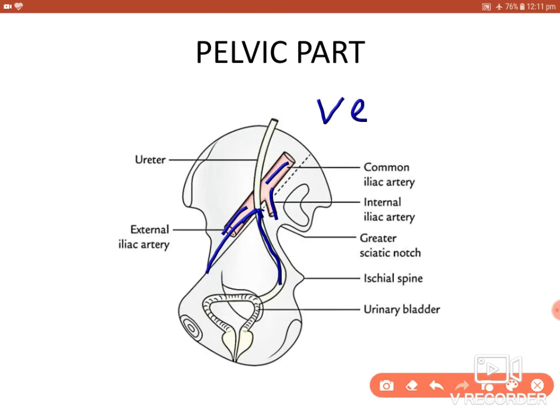From the ischial spine to the bladder wall forms the oblique part of the ureter. Then within the bladder wall is the intravesical part. These are the three divisions of the pelvic part.